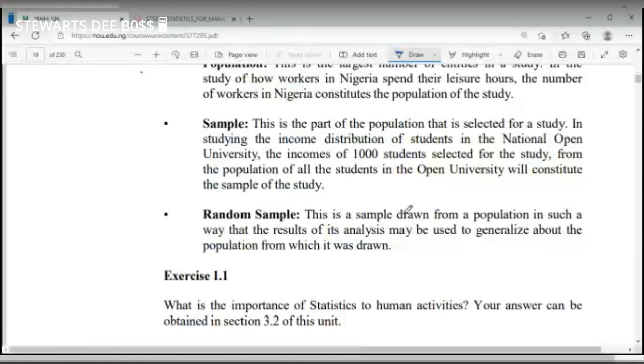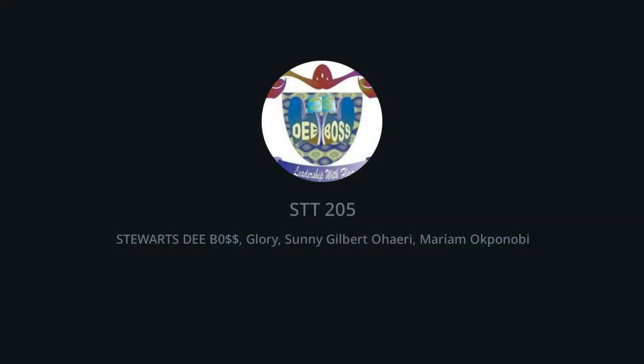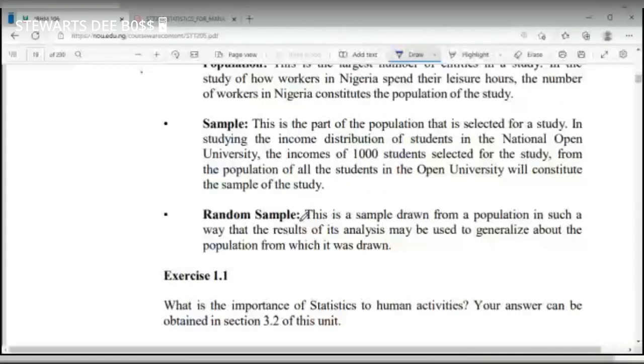Now here, this is a sample drawn from a population in such a way. As far as it is part of the population, it is a sample. But a random sample is carefully drawn so that the results may be used to generalize about the population from which it was drawn. How do I explain this?